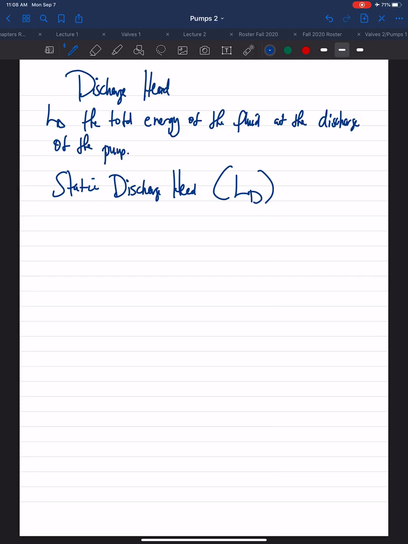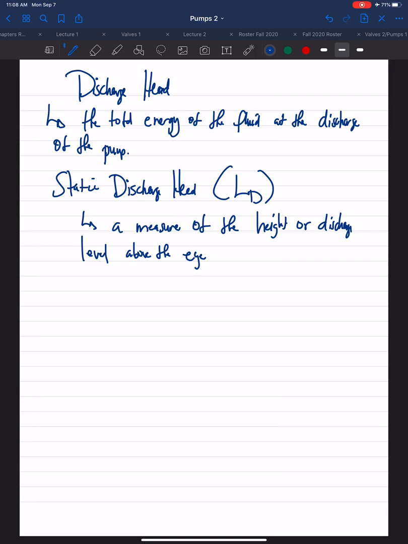And this is a measure of the height or discharge level above the eye of the pump inlet.